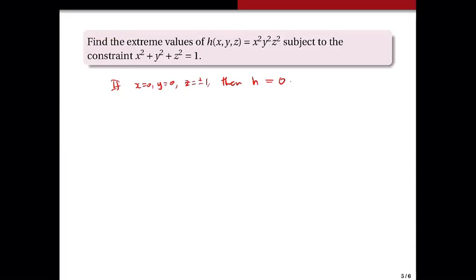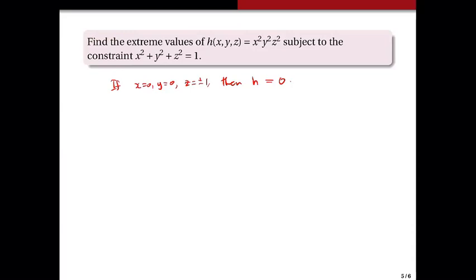Correct? And that's lower than 1 over 27. So you can do all other combinations here, and you will get h equals 0.